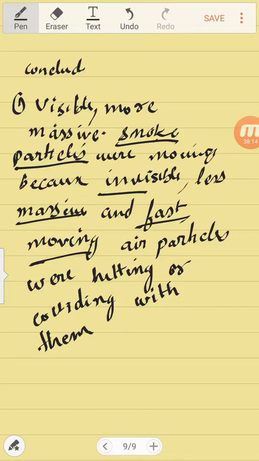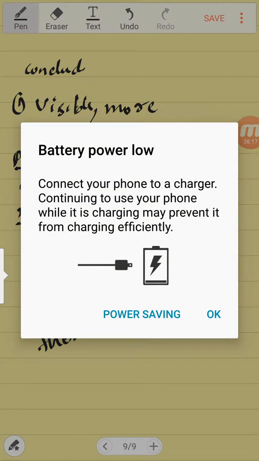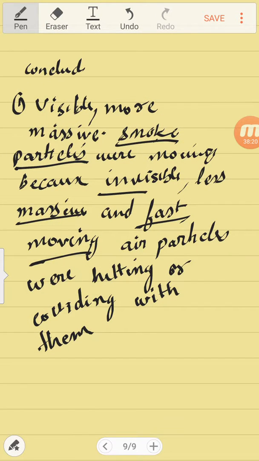The smoke particle, which you can see. Why can you see it? Because its mass is more than the air particle. That's why you can see. Why can you not see the air particle? Because its mass is less than the smoke particle. The visible, more massive smoke particle was moving because invisible, less massive, fast moving air particles were hitting or colliding with them. That's why you can see it moving in a zigzag motion.